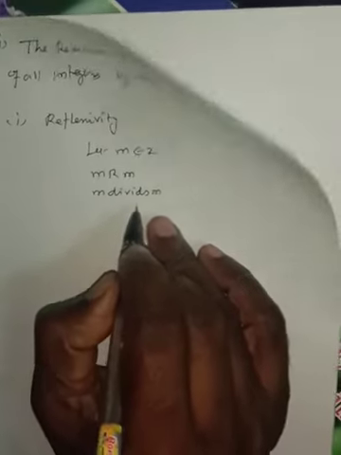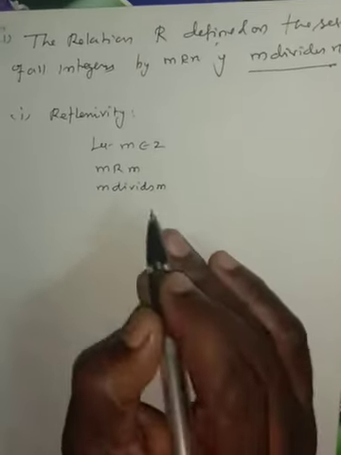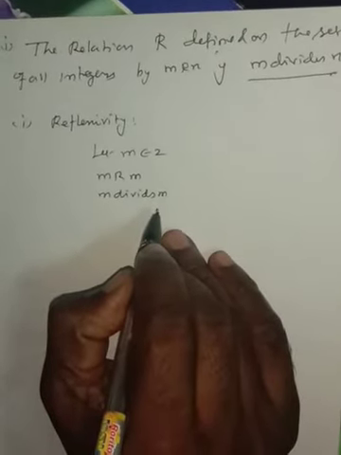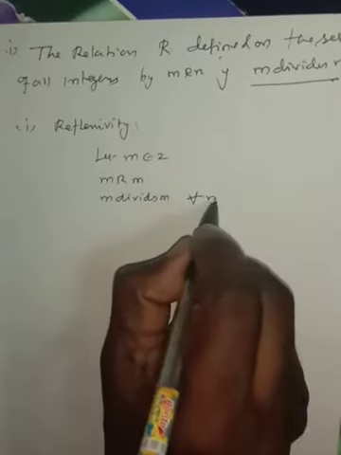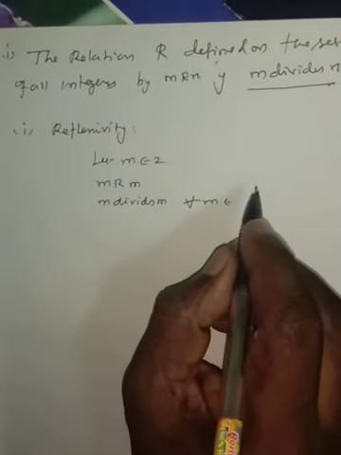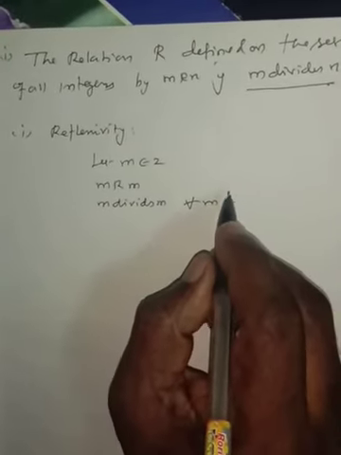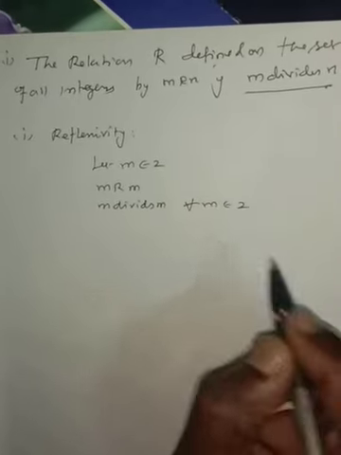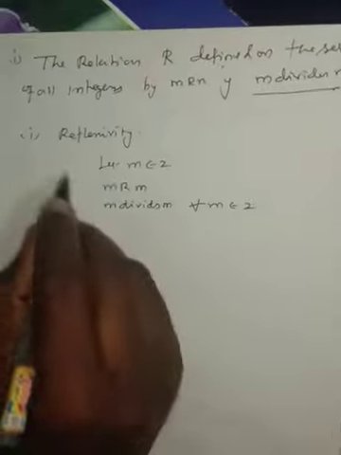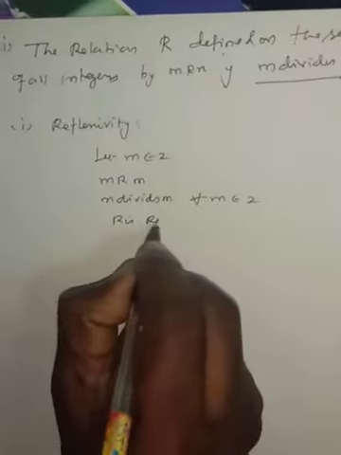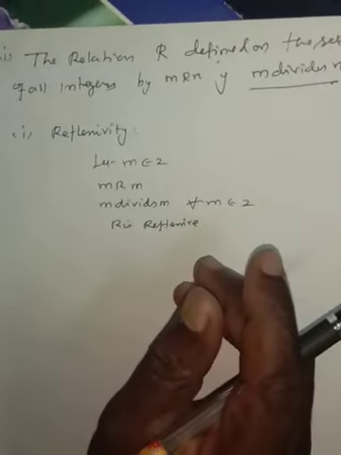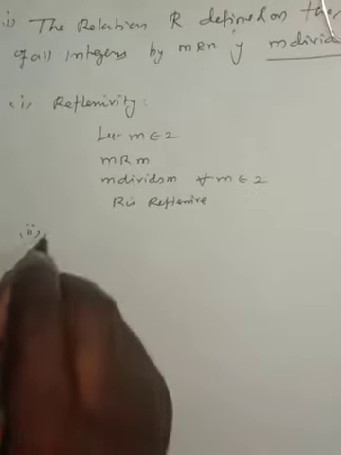Therefore, for all m that is an element of the integers Z, R is reflexive.